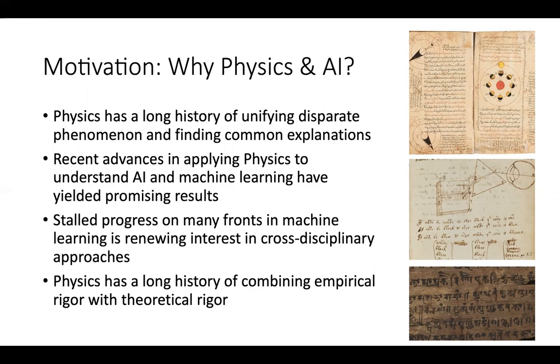Especially within machine learning, there are a number of research questions which remain unsolved, and it is our hope and belief that physics may help address some of those problems. And lastly, physics has a long history of combining empirical rigor with theoretical rigor. This is not to say that this is absent in other disciplines, but rather it's relatively prominent in physics.